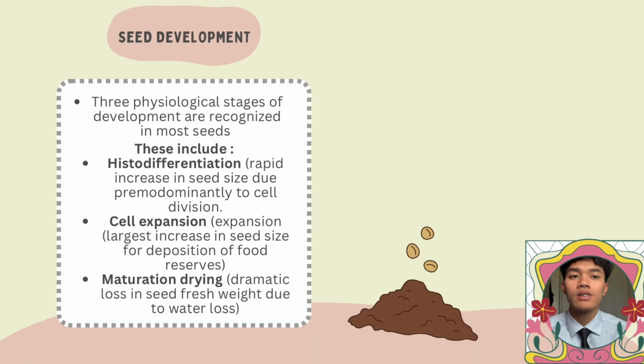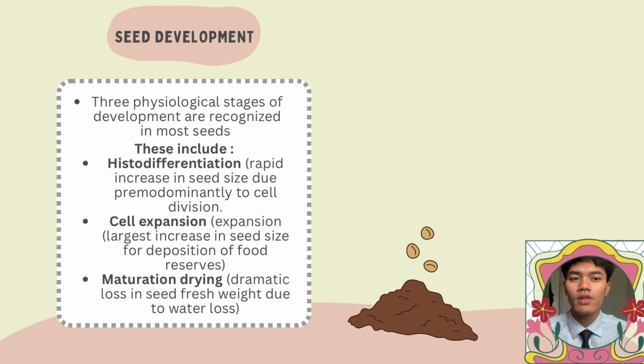Okay, for the next we have seed development. Seed development has 3 physiological stages recognized in most seeds. These include histodifferentiation, cell expansion, and the last one is maturation drying.